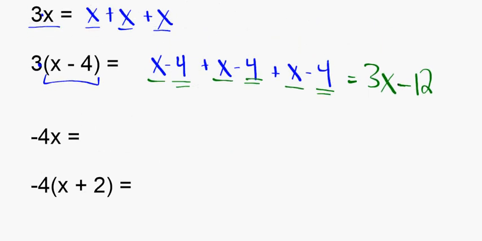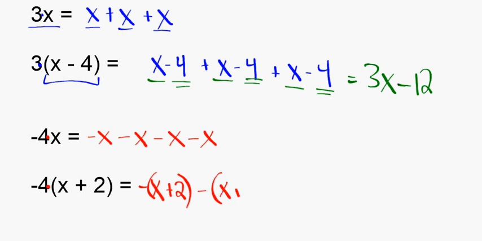Next, we have a negative coefficient. So this is like subtracting x 4 times. So if the coefficient is a negative 4, then we are subtracting the x plus 2 4 separate times.